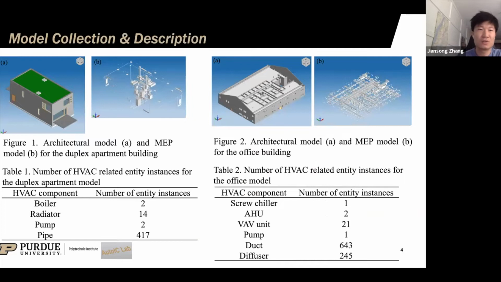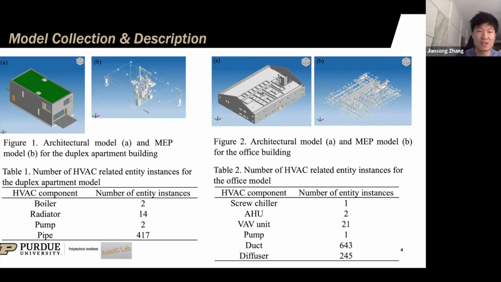So in order to automate the information extraction, we collected 2 BIM models in IFC formats. The first model is the duplex apartment building model, as shown in Figure 1, and the second one is the office building model, as shown in Figure 2. And each model consists of 2 sub-models.